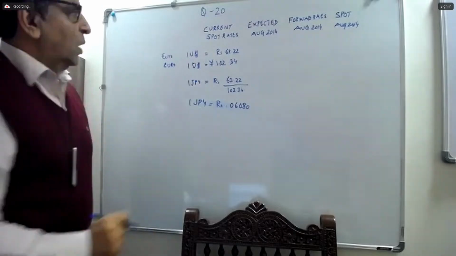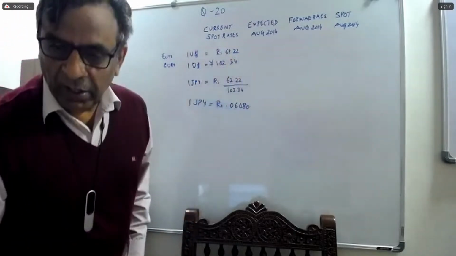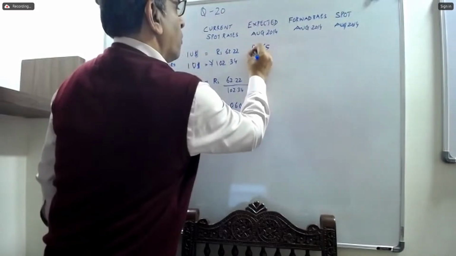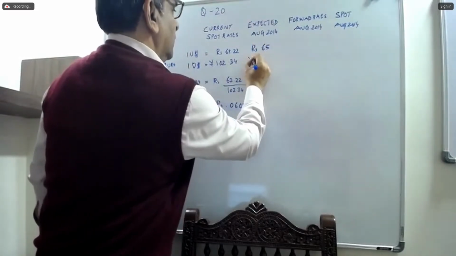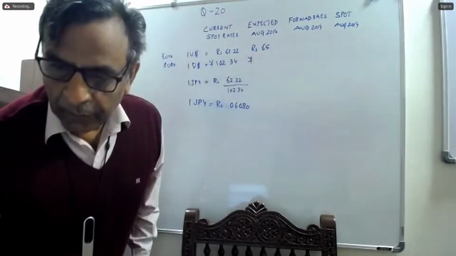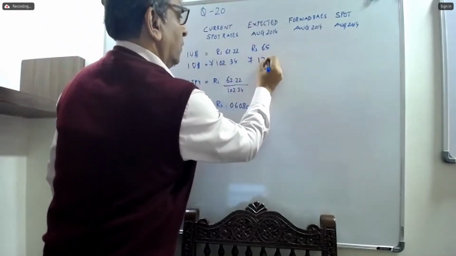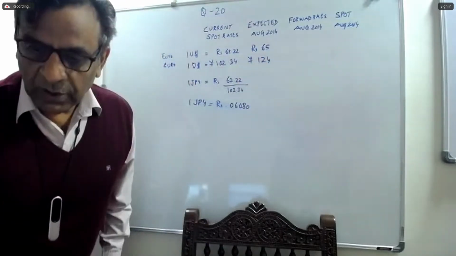Now the expected rate. The expected rate we know is 65 rupees, and yen is how much? Yen is 124. So this is what you are expecting.